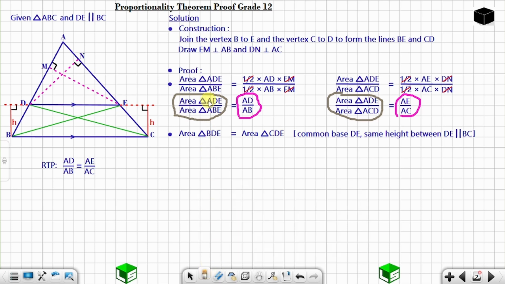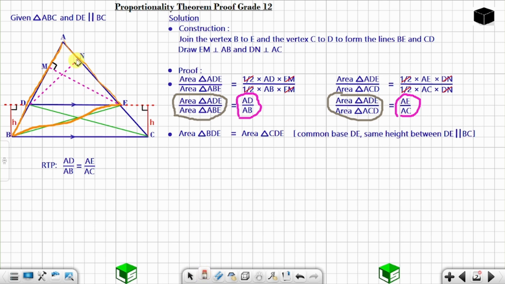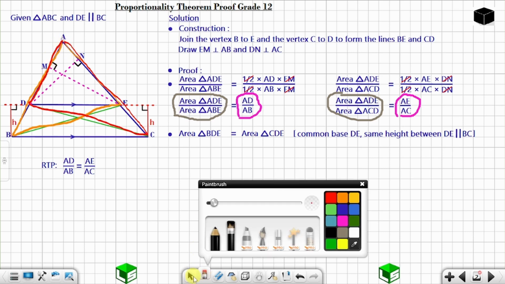You can see in the denominator you have area of triangle ABE. For this ratio in the denominator you have area of triangle ACD. Can you see?